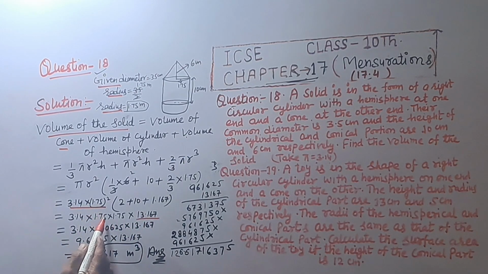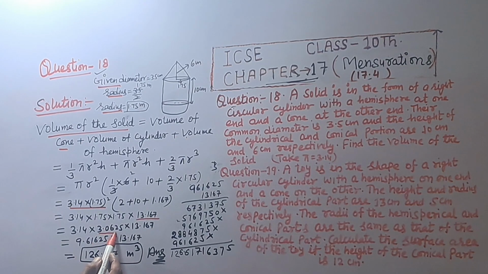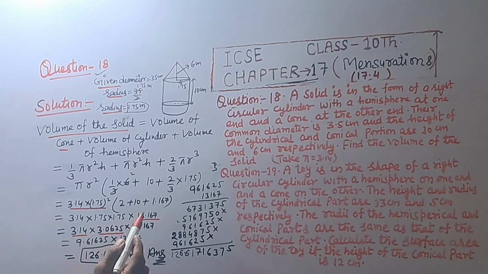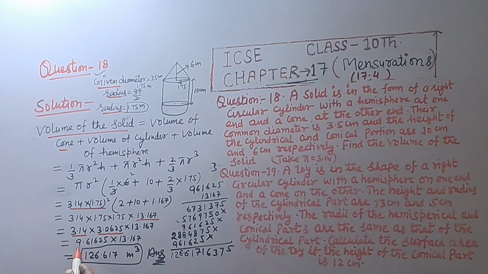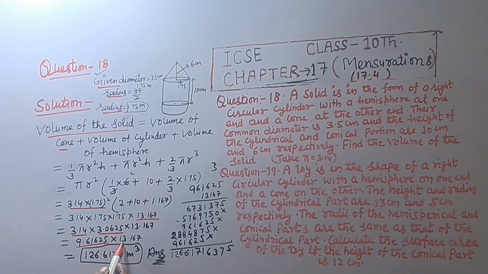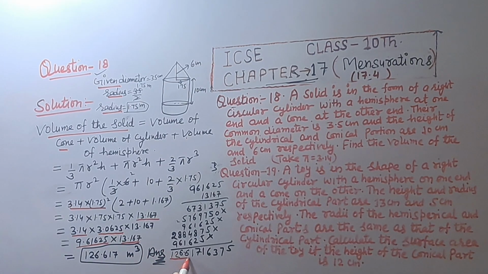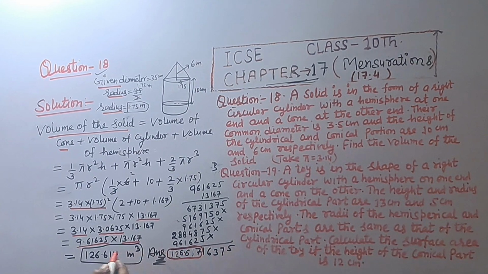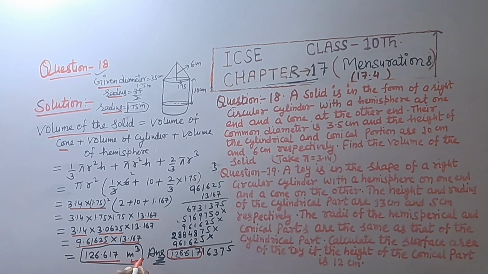And 1.75 into 1.75 is 3.0625. Multiply by 3.14, we get 9.61625, and 9.61625 into 13.167 gives 126.617 approx. 126.617 meter cube. Answer.